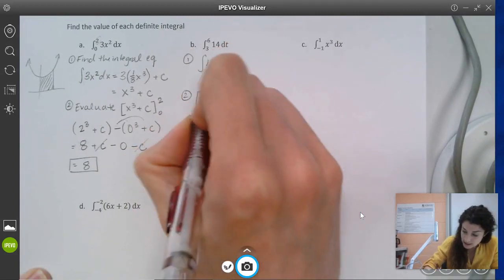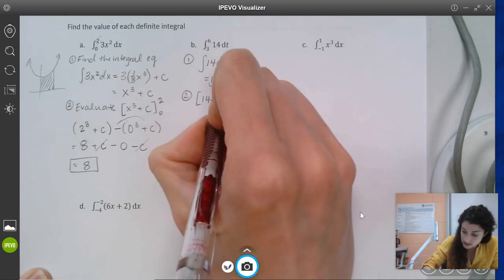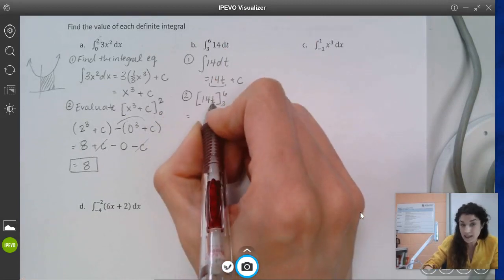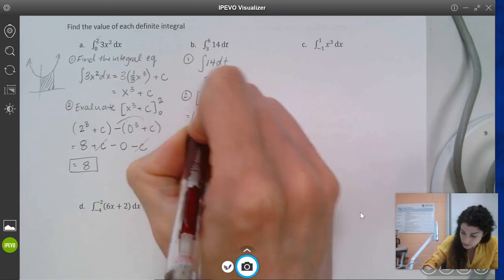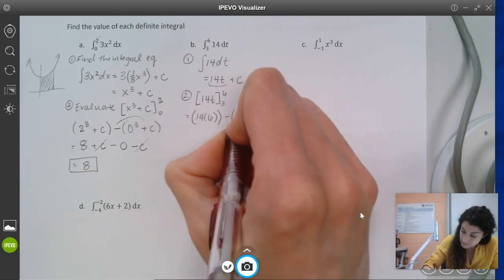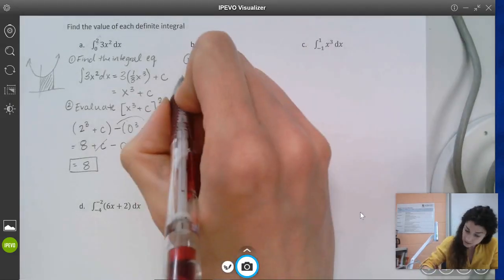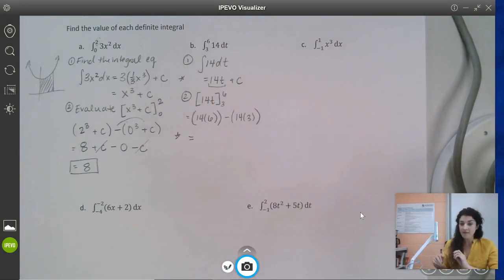I'm just going to write this guy, 14t from 3 to 6, which means I need to plug in 6 for my unknown, and then subtract out when I plug in 3. Go ahead and find that value.